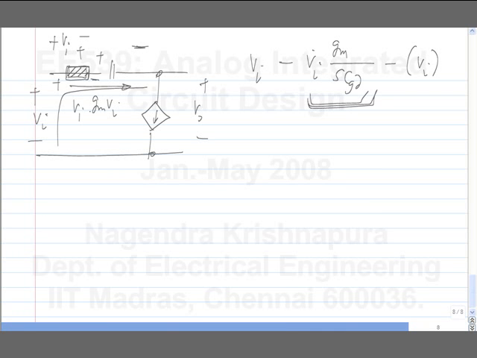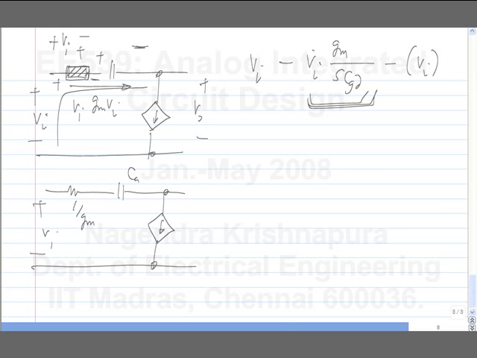So if you do that, the output will be minus Vi Gm by SCGD.